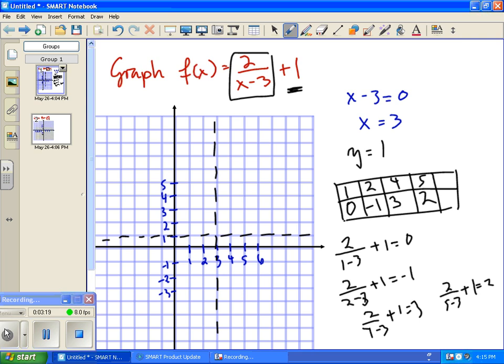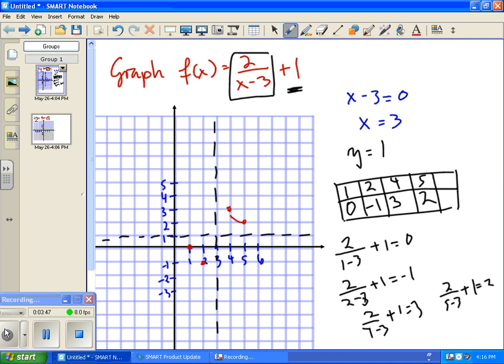Okay, so we graph those on our plot. So we have 1, 0. We have 2, -1. We have 4, 3. And 5, 2. Okay, and remember our graph in this case cannot cross across the asymptotes.